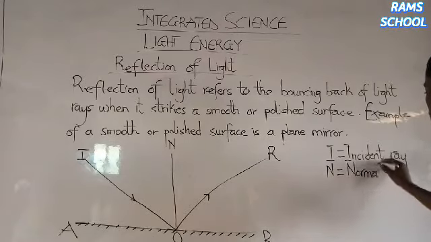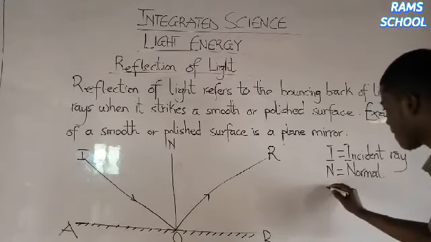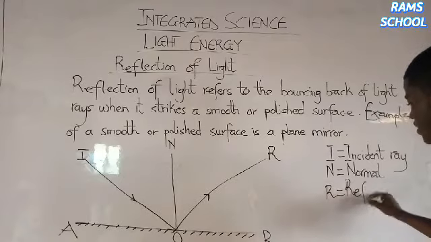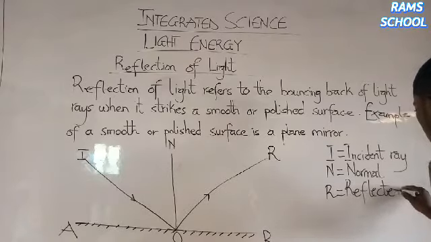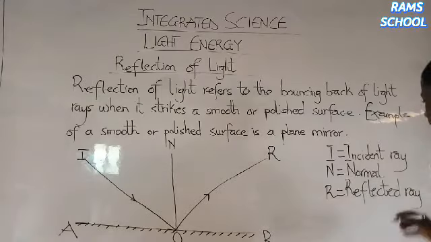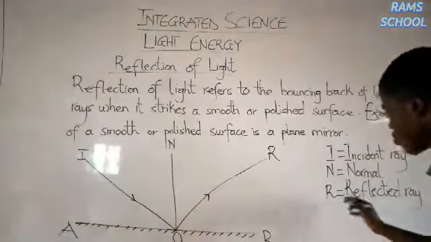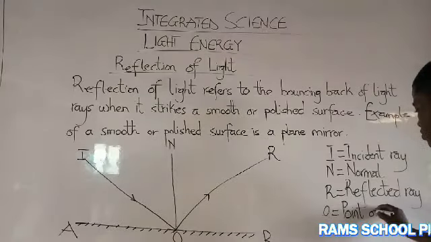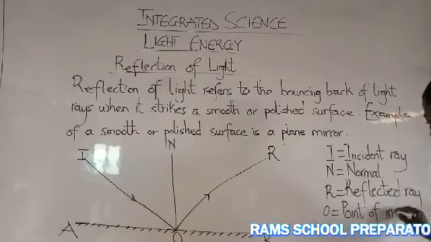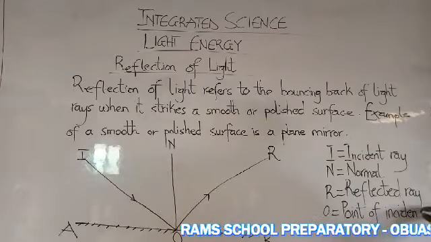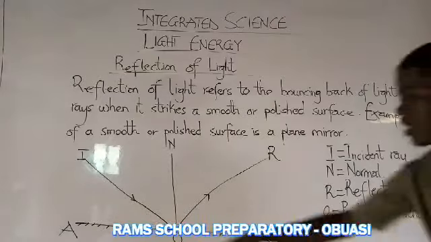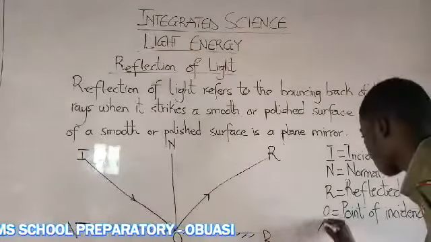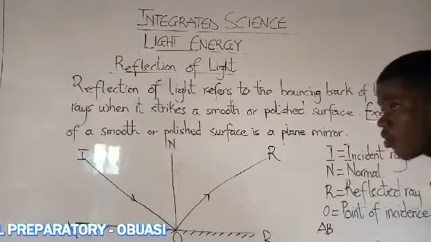And the R is the reflected ray. The O is the point of incidence. And the AB represents the plane mirror, or the smooth or polished surface.